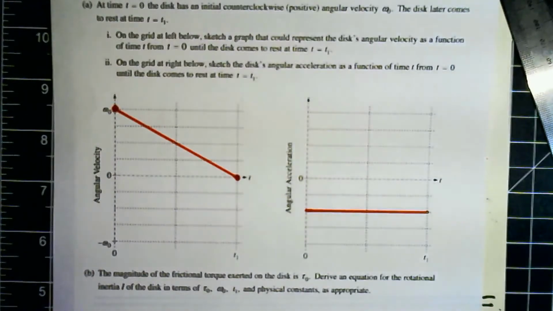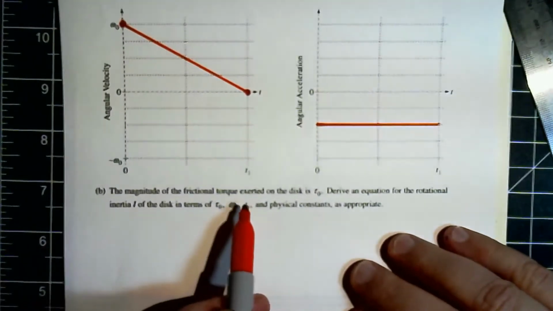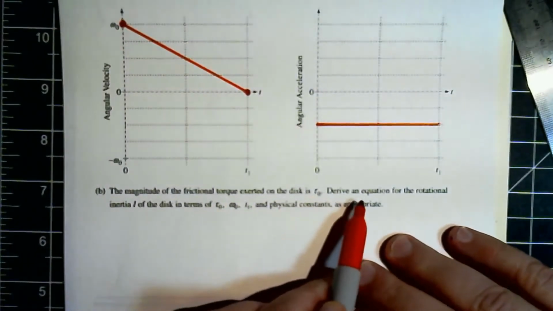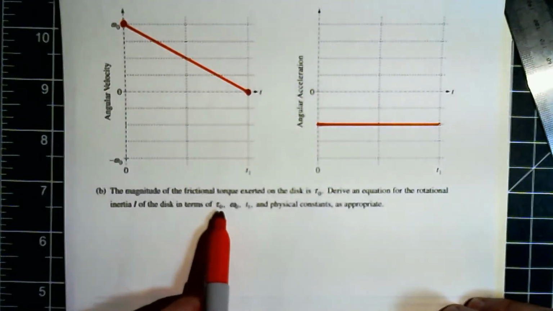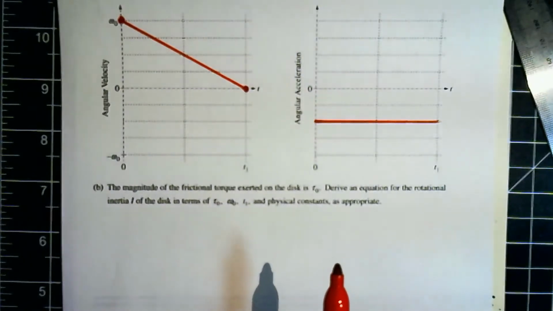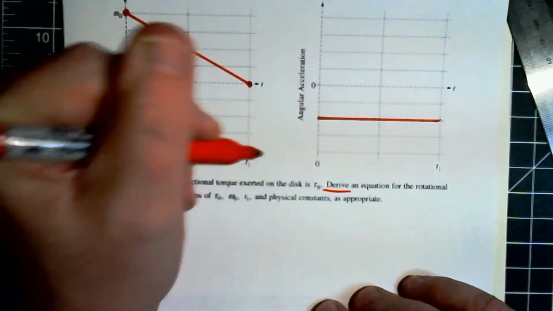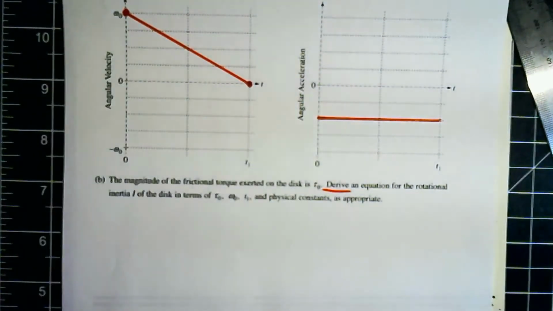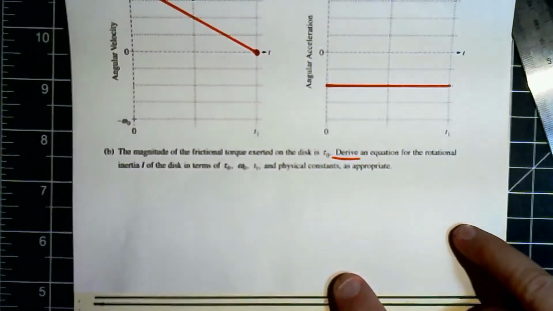Okay, question B now says, the magnitude of the frictional torque exerted on the disk is tau naught. Derive an equation for the rotational inertia of the disk in terms of tau naught, omega naught, T1, and physical constants. All right, so this question is not super tough. You just got to know where to start. Anytime it says to derive anything, you need to think of top level equations, something general that applies all the time.